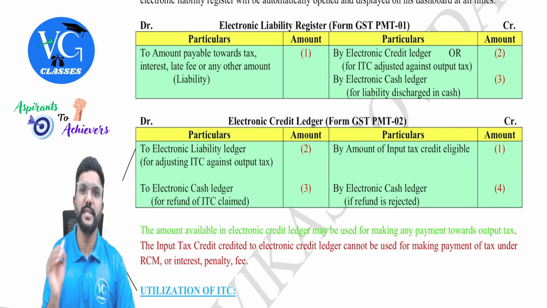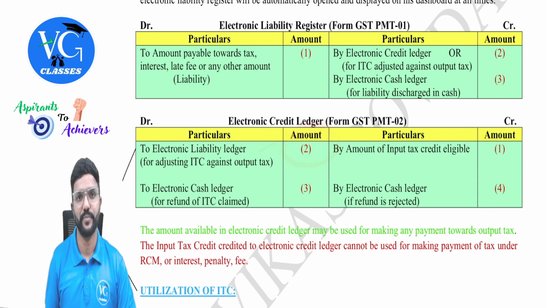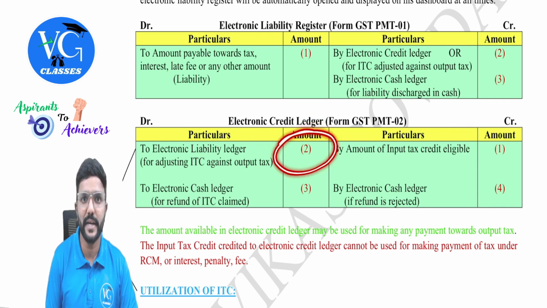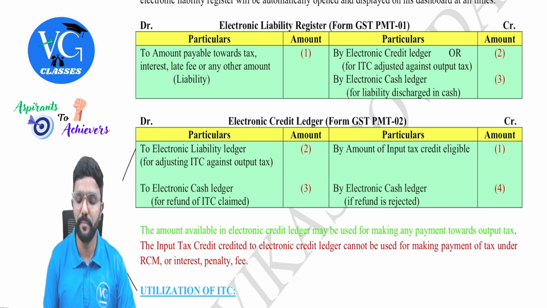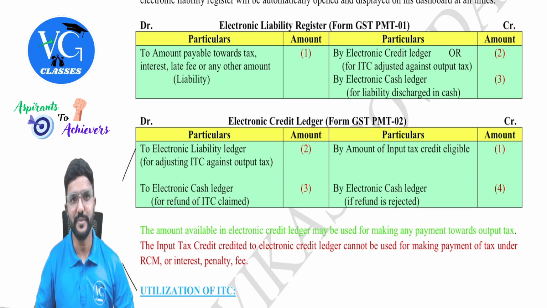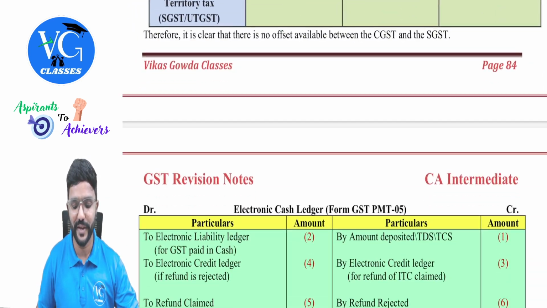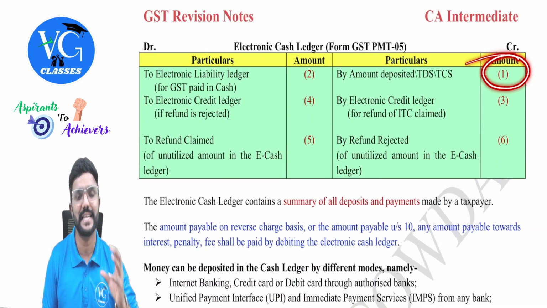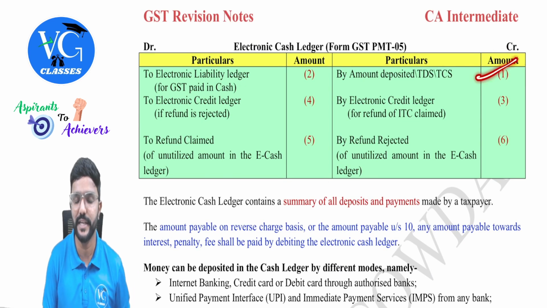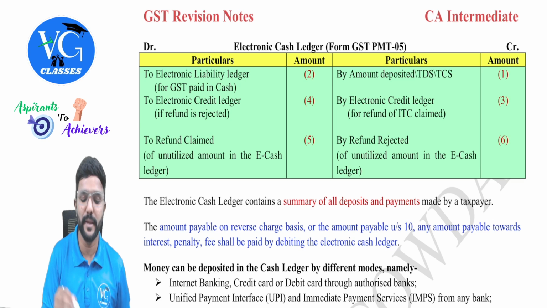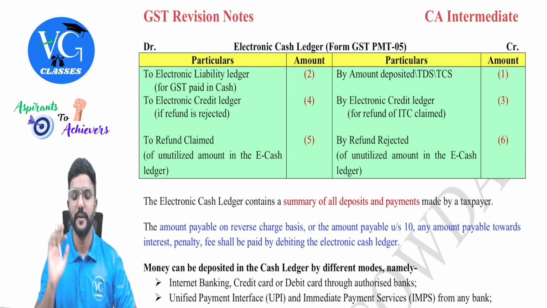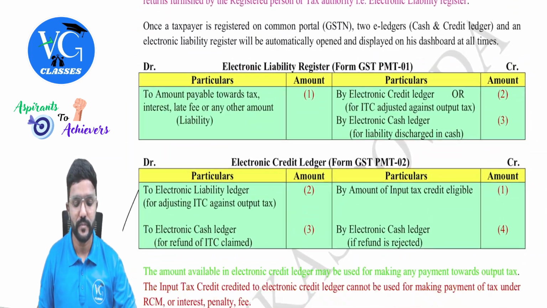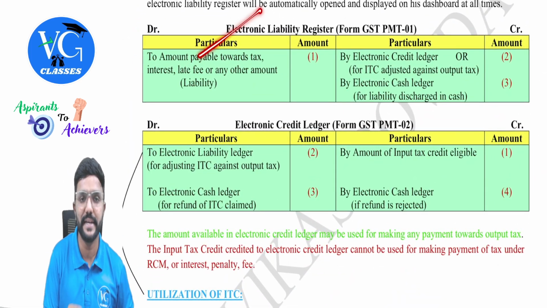When he is utilizing it, it would be debited in the electronic credit ledger, and the same amount will be credited here. Got it? Remaining amount, if any, will be paid through cash ledger. And before we make the payment through cash ledger, first there should be a balance. I should have deposited the money into the cash ledger. Only then, when I make the payment, it would be debited here. Got it? Yes, sir. Fine. Coming back to this, I have explained the electronic liability register.